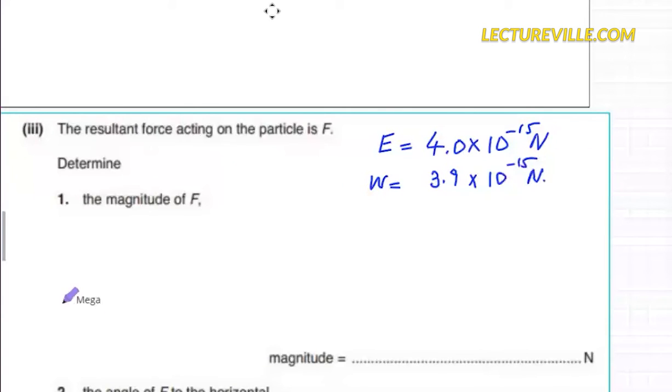So if there is one force acting this way and other force acting this way at 90-degree angle to one another, I am just taking 10 to the power minus 15 out of the equation, because whatever I calculate, 10 to the power minus 15 will appear with the final answer. Okay, just ignore that for a moment.